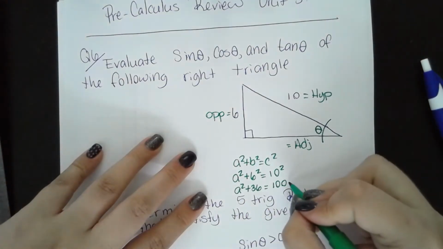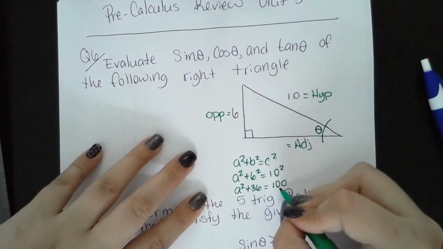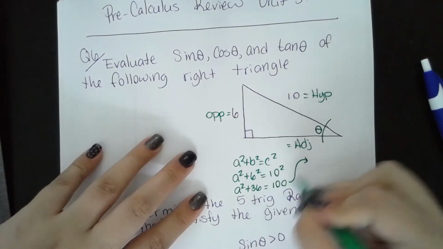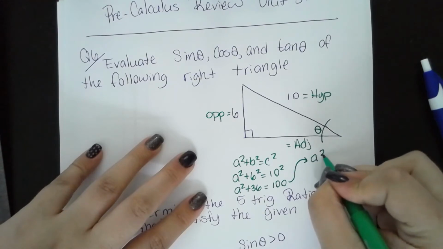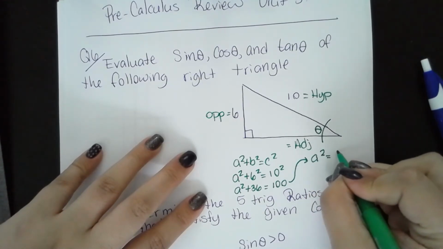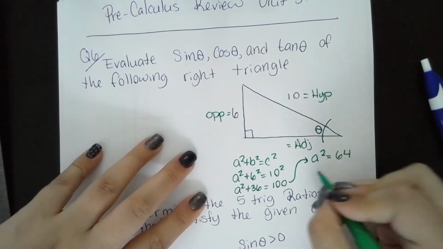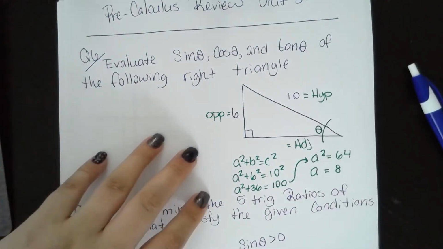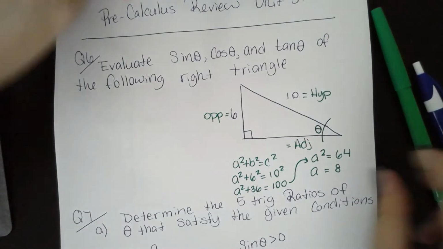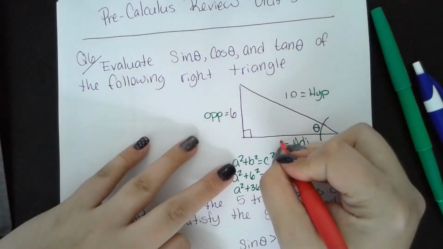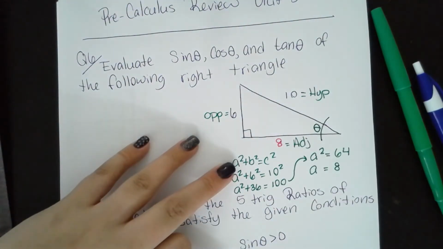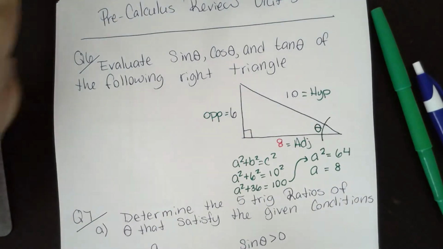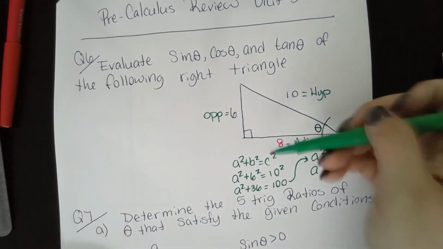A common mistake here is to get 136, but you do have to subtract 36 from both sides. So it becomes a squared equals 64. And then a is equal to 8 if I take the square root. So this side here is 8, okay? So now I have all three sides.